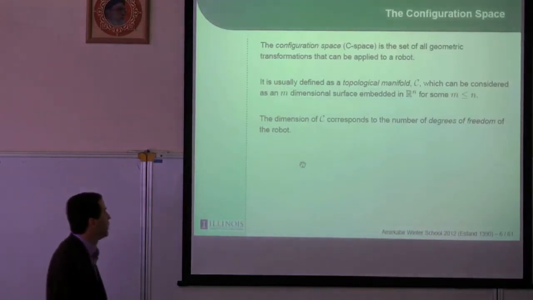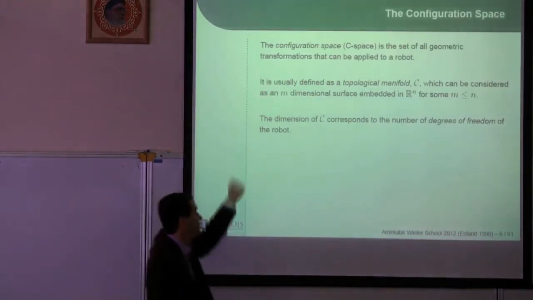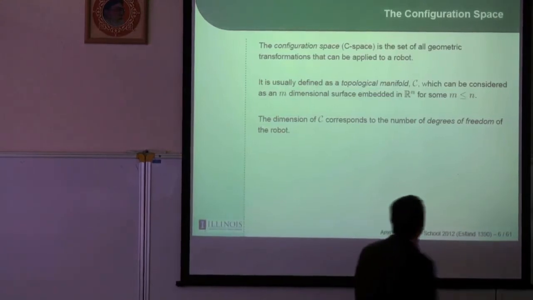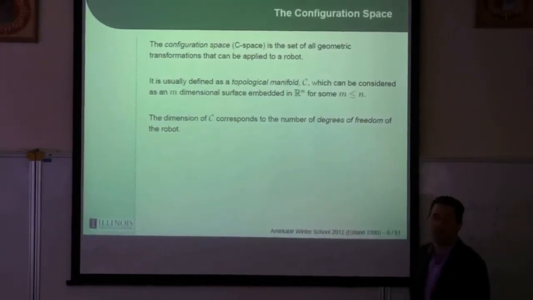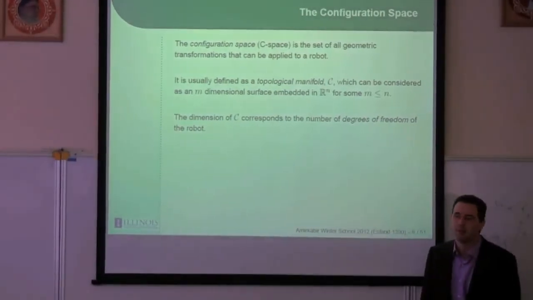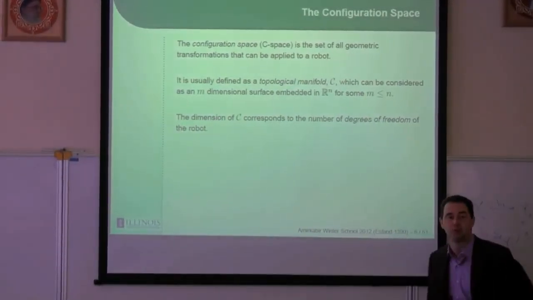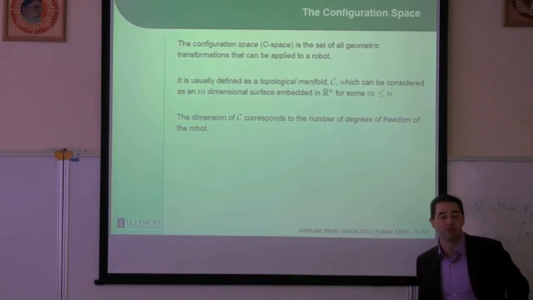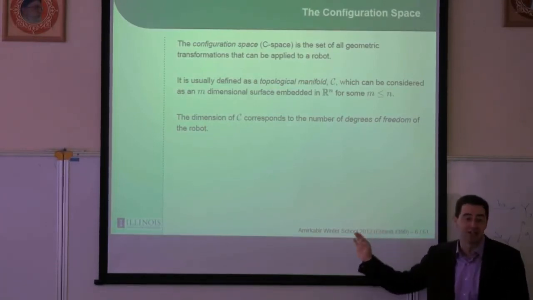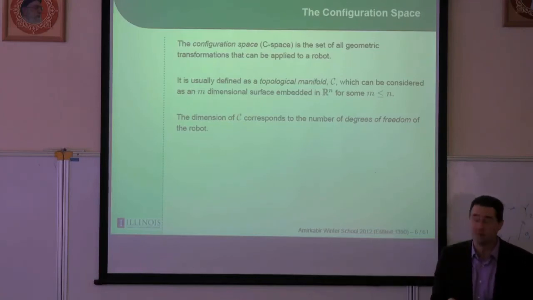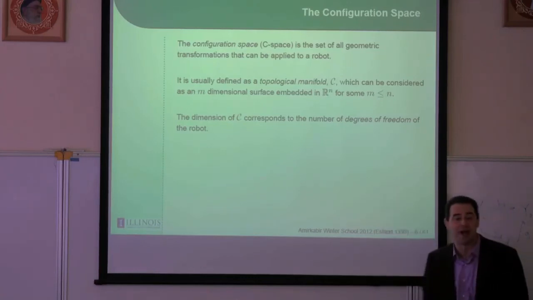You still have the configuration space, which is the set of all transformations you can apply to the robot, all geometric transformations. Usually we like to consider it as a topological manifold. People in control theory tend to like differentiable manifolds, but that's because control systems are expressed with differential equations. The path planning problem is not expressed with differential equations in the basic form, so we can just use what's called a topological manifold.